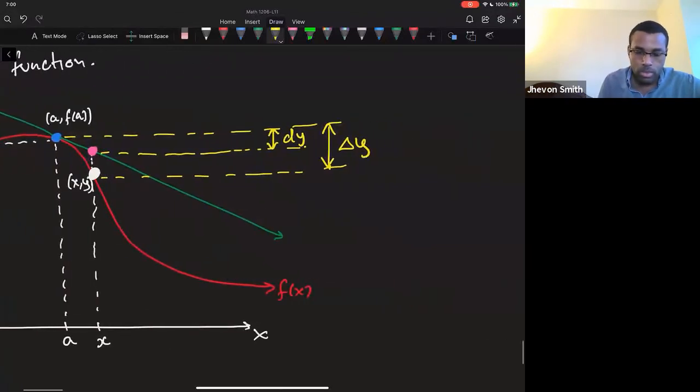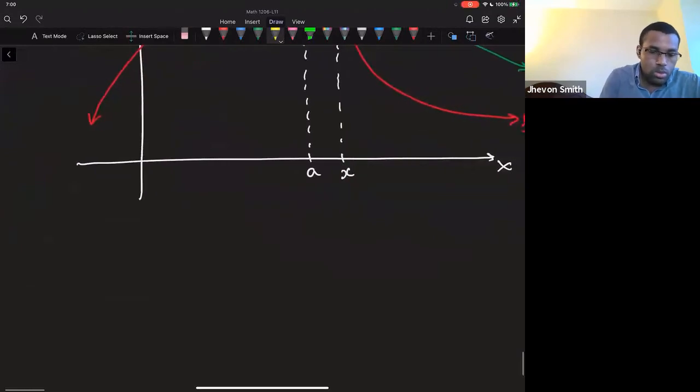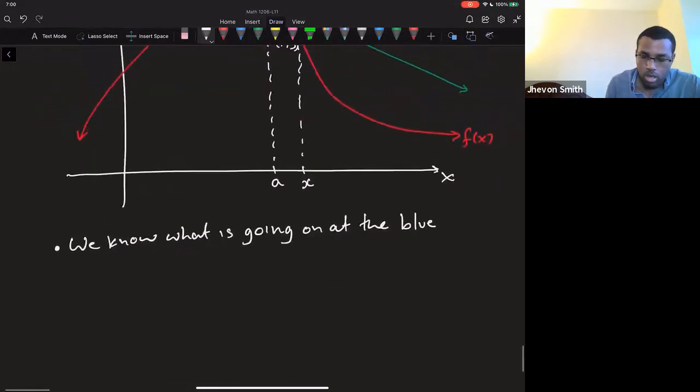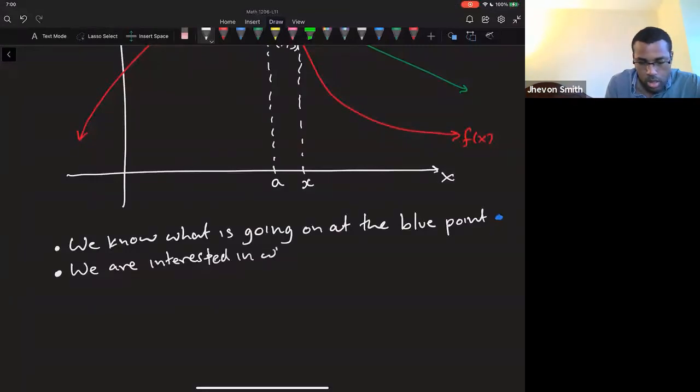And so we know what's going on at the blue point, and we are interested in what is going on at the white point.